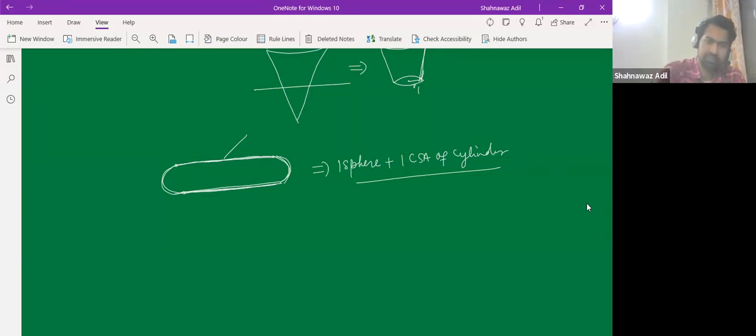So you have this cuboid and some glass is put on top of it, right? Then if I ask you what would be the curved surface area? Let's simplify this and say this is a cube.